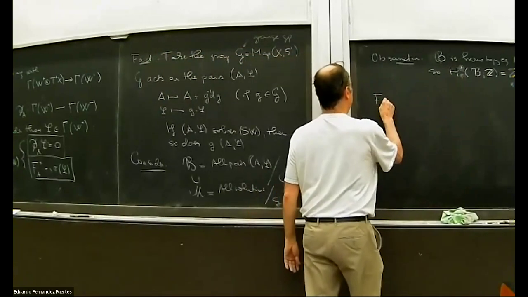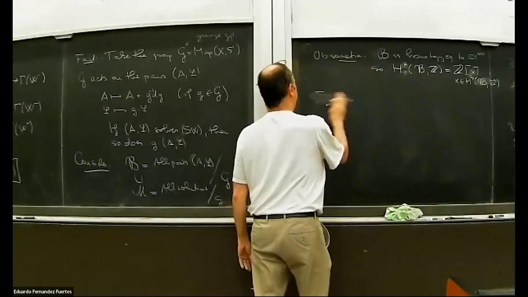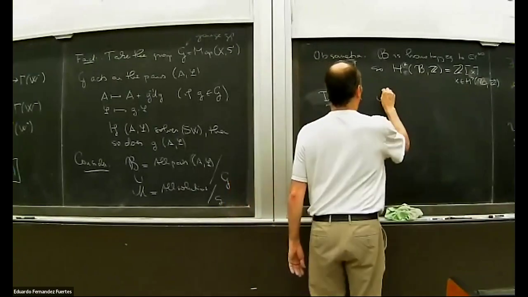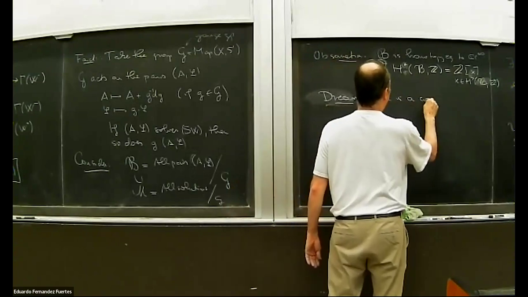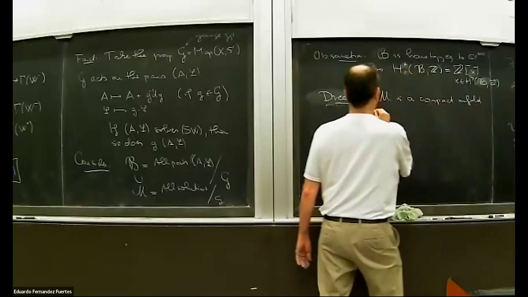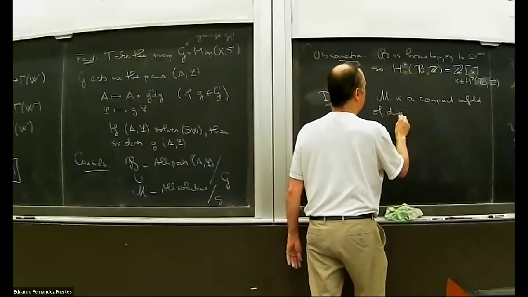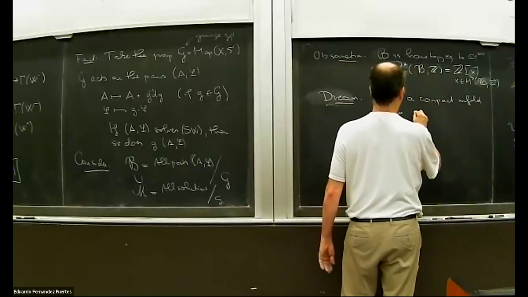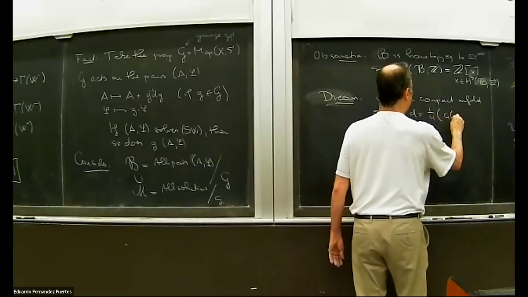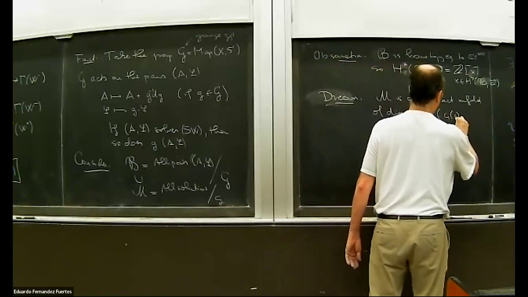So here's a fact. No, I say a dream. M is a compact manifold of dimension d, which is just 1/4 of c1 of this spin C structure squared.